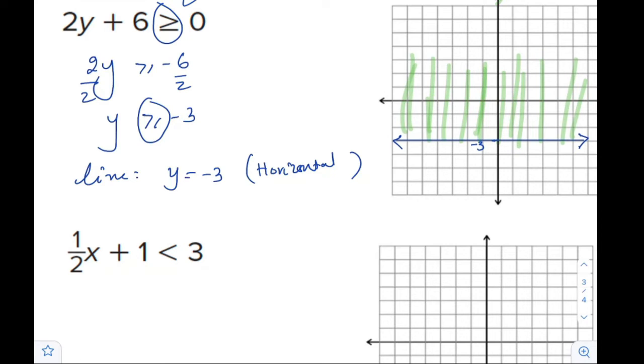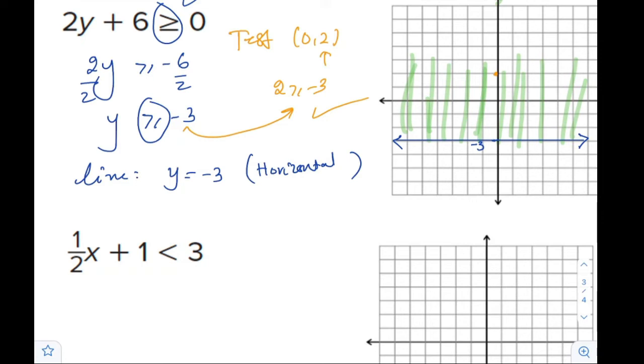Let's test with any point above. We can take this one, which is (0, 2). You are not going to use the x, you are just going to use the y. So is 2 more than or equal to minus 3? Yes, of course. So we were right.